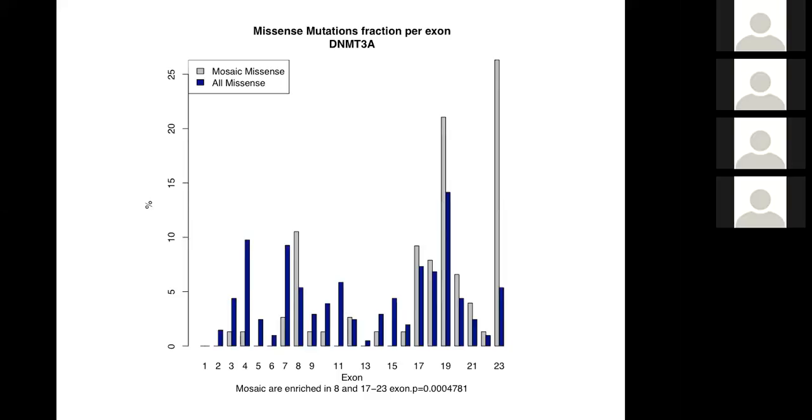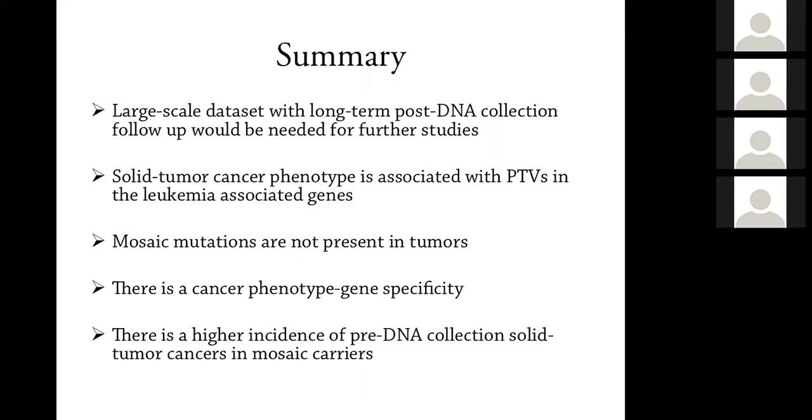So basically, what we find from here is, as a summary: first, to answer the question of causality, to see the association, we actually need a post-DNA collection follow-up, which was basically to answer the question of what happened earlier.